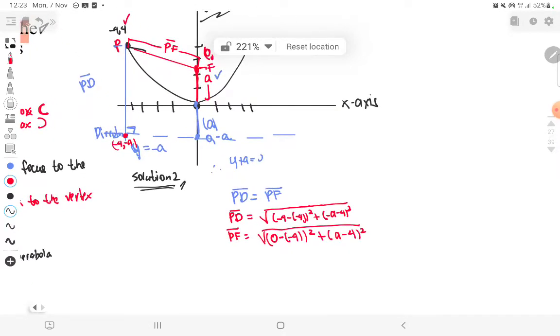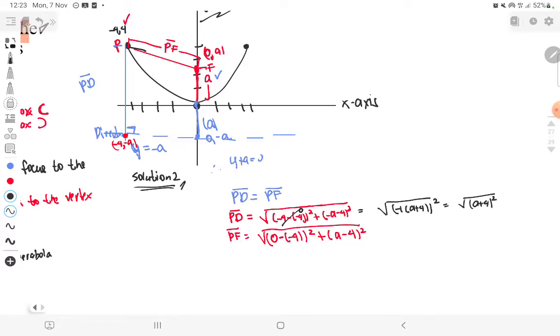Next, since PD is equal to PF, now let's simplify my PD. So this is equal to 0, and here I will have the square root of negative 1 multiplied by a plus 4. Take note that these two are both squared. So negative 1 squared will be equal to a plus 4 squared.